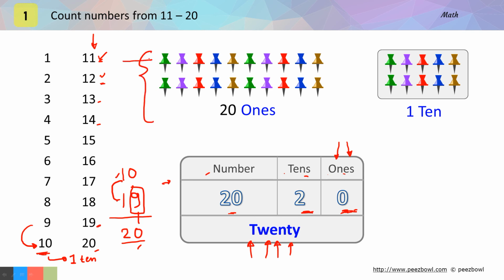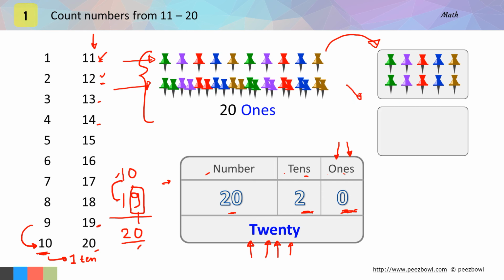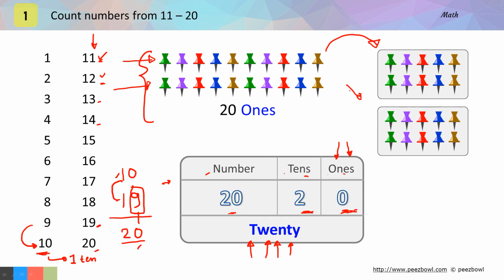We already moved these 10 pins to the right side of the slide. Now let us move these other 10 pins to the right side of the slide. Now we have another group of 10 pins. We already know that 10 pins or 10 ones is equal to 1 ten.